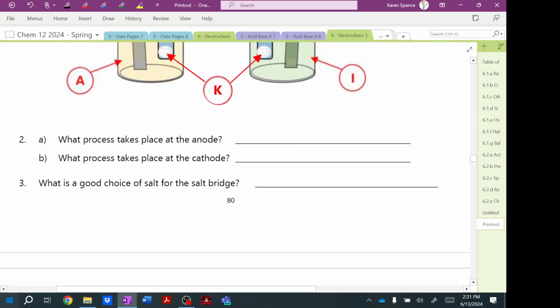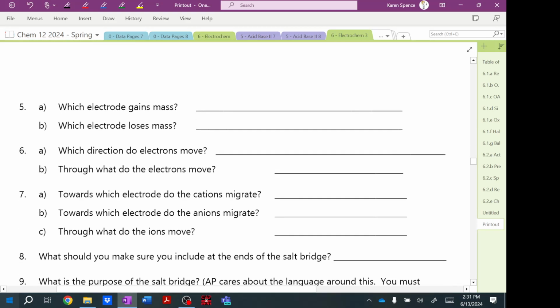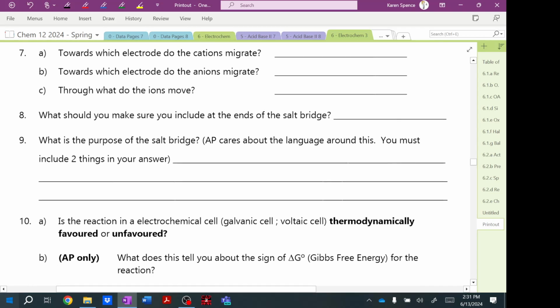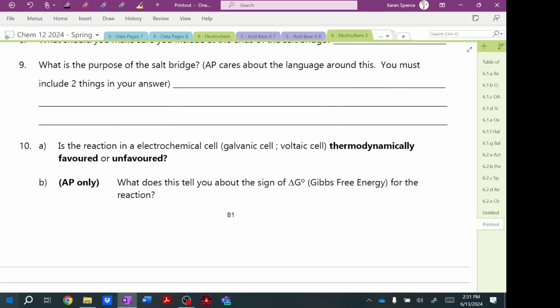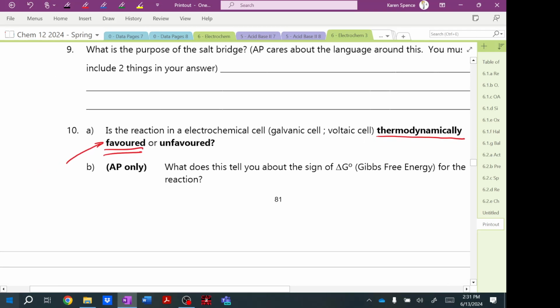So on our second page, this language, thermodynamically favored, if something is thermodynamically favored, that means it is spontaneous. If something is thermodynamically unfavored, that is non-spontaneous.